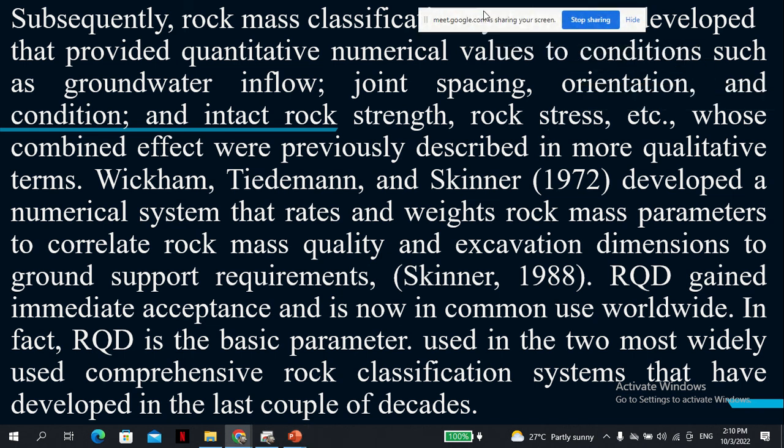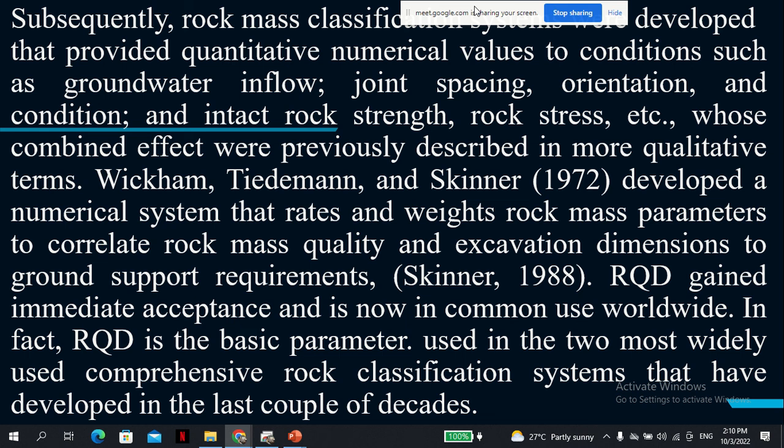These could take care of conditions such as groundwater, joint spacing, orientation and condition, and intact rock strength, the uniaxial compressive strength, in situ stress determined by certain tests, and so on, whose combined effect was previously described in more qualitative terms.